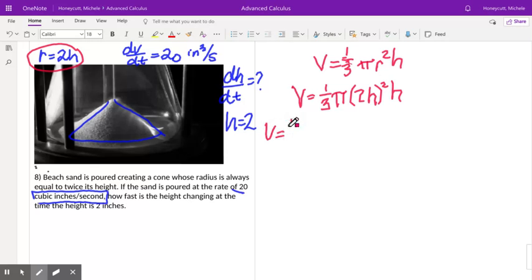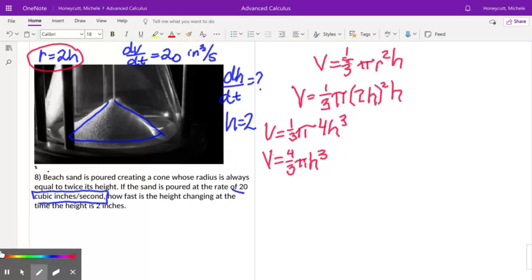Then I can simplify this formula. Volume is 1/3 pi, (2h) squared would be 4h squared times h, so 4h cubed. And then bringing everything together, volume would be 4/3 pi h cubed. So I've substituted in all the constant values and substituted in the 2h for the r.